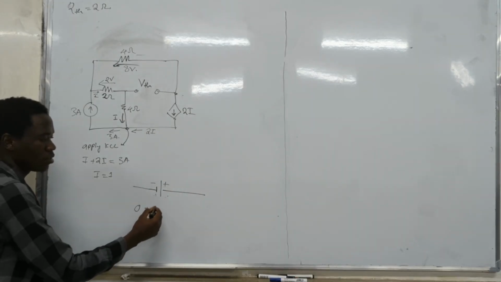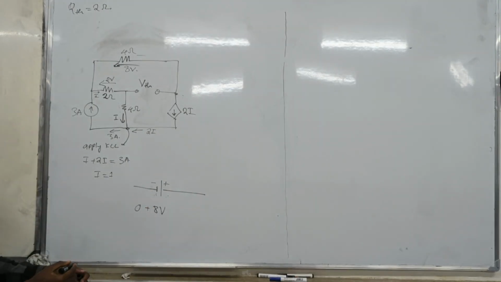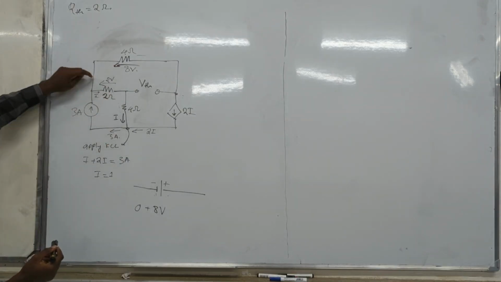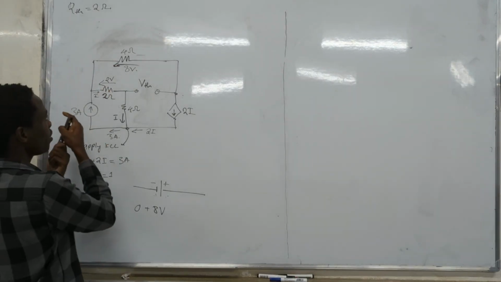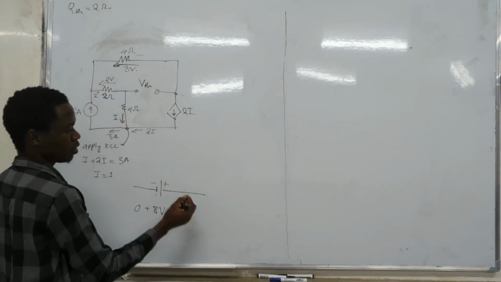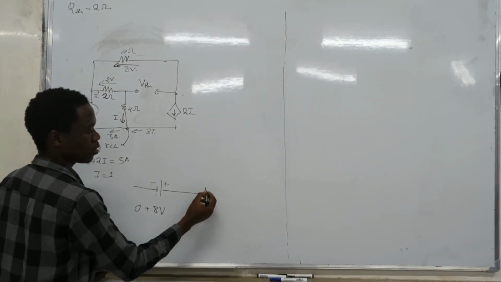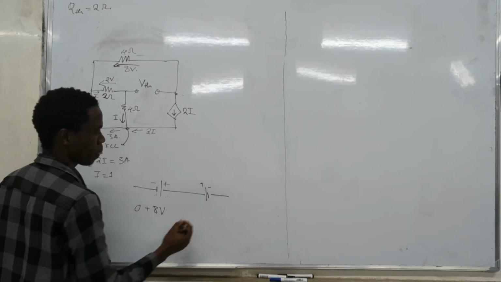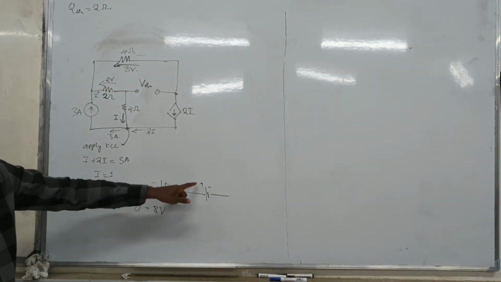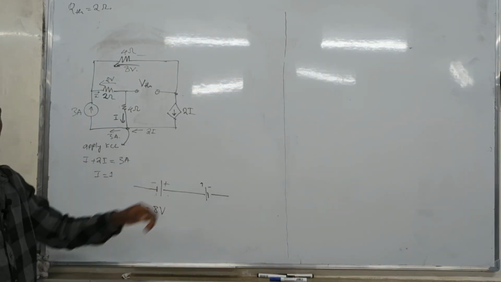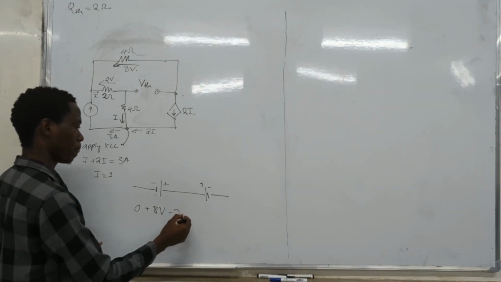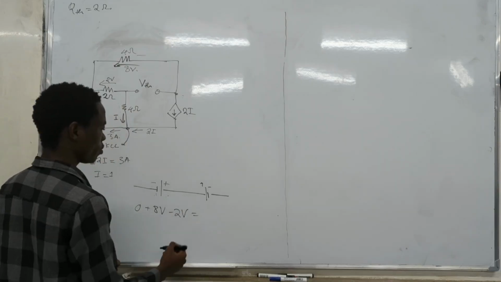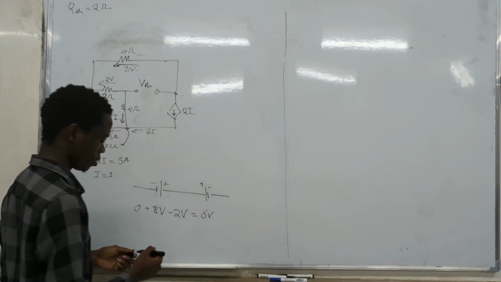So you add 8 volts. Then you reach this point and you turn. You meet a positive terminal first, then a negative terminal. So when you move from positive to negative terminal, you subtract. Voltage drops. And your final value is 6 volts.